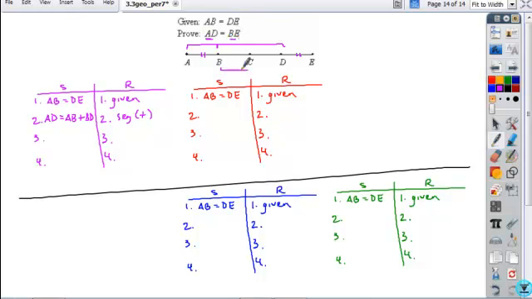BE also is a sum of parts, the given part DE plus the unknown part BD. So I can do the same thing. I can combine this in the same step here. BE is equal to the sum of the parts DE plus BD.